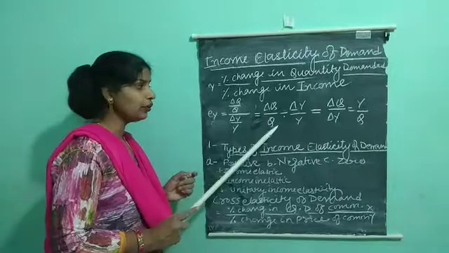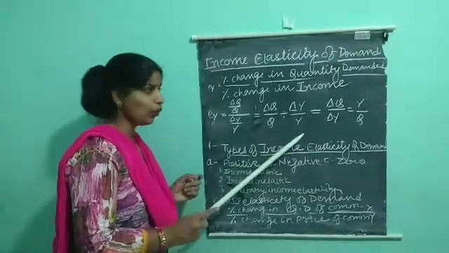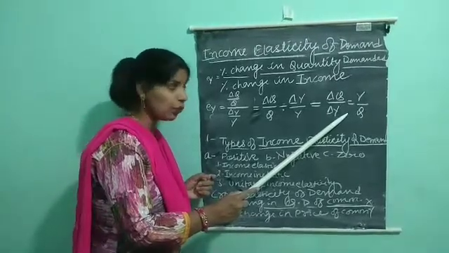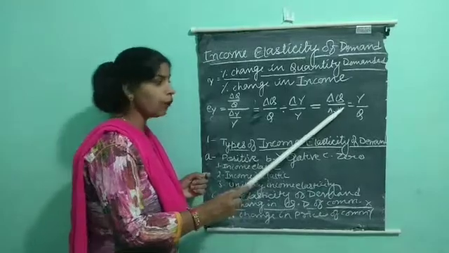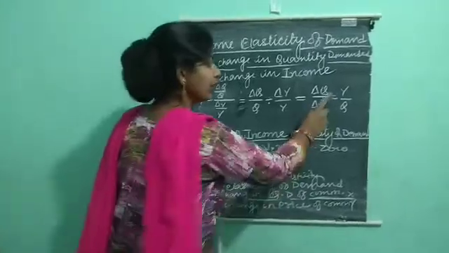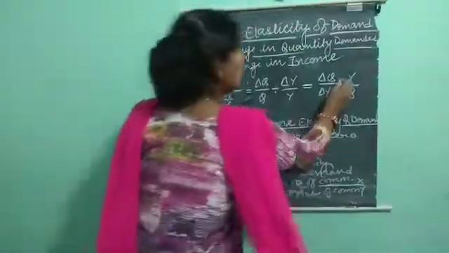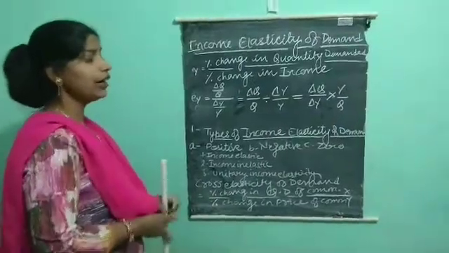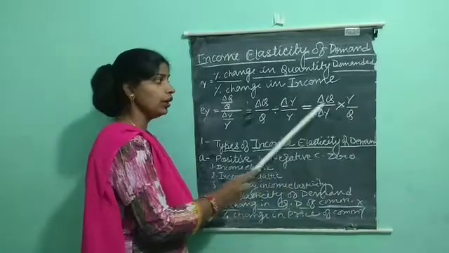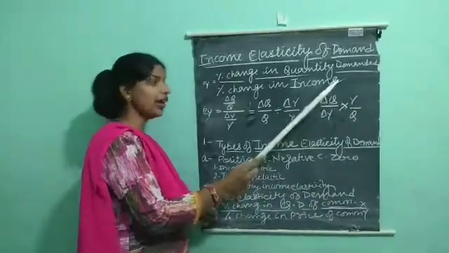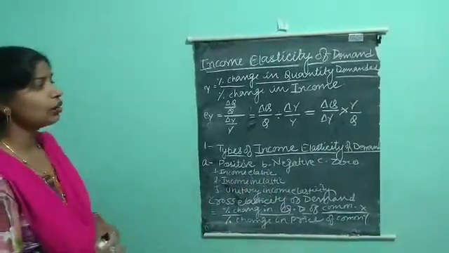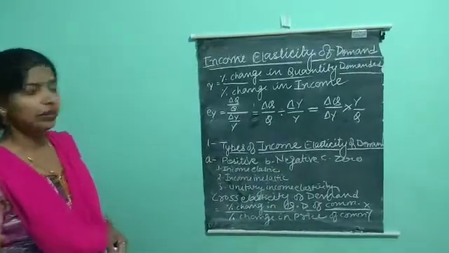Then delta Q upon Q divided by delta Y upon Y. This is the final formula you have to use in your numerical: delta Q upon delta Y into Y upon Q. Delta shows changes in quantity and changes in income. Y is initial income and Q is initial quantity. On the base of it, you have to do it, right?